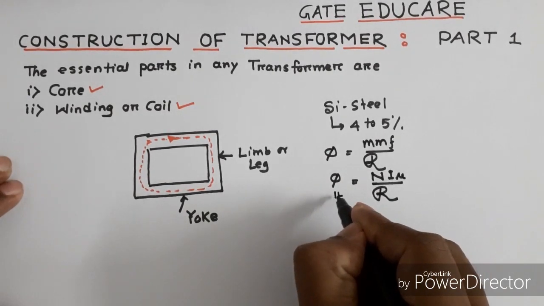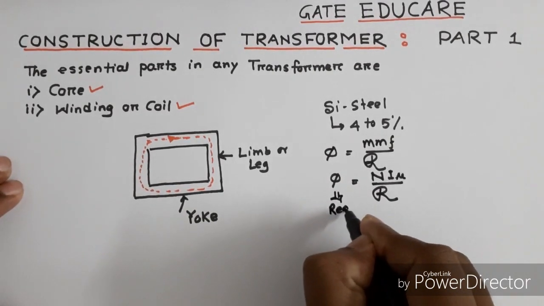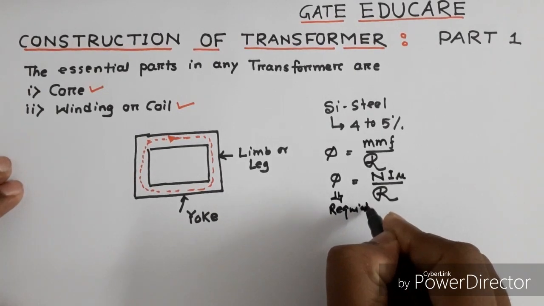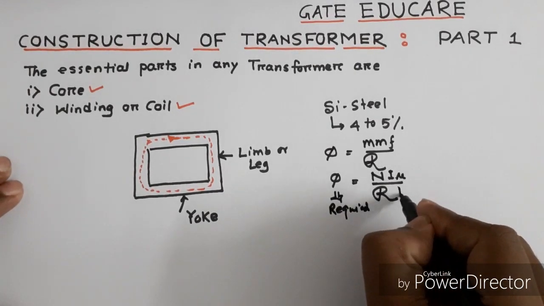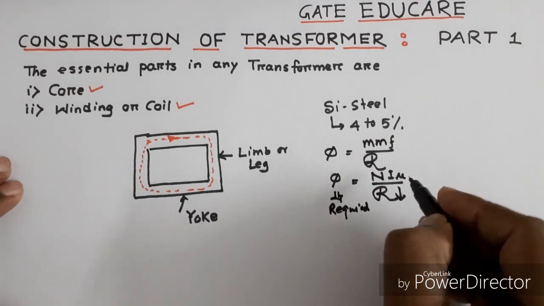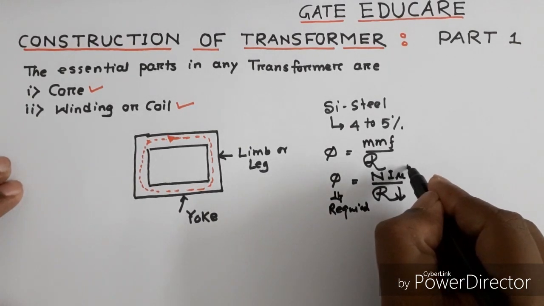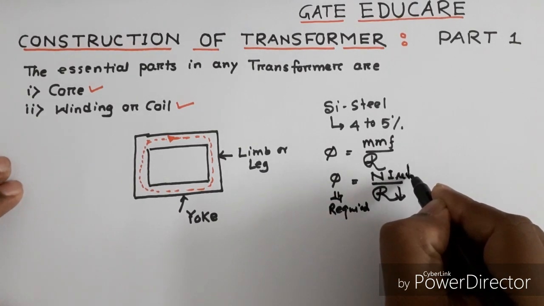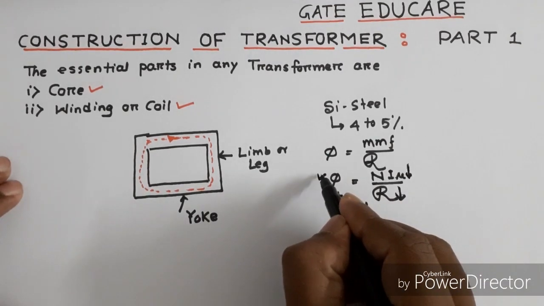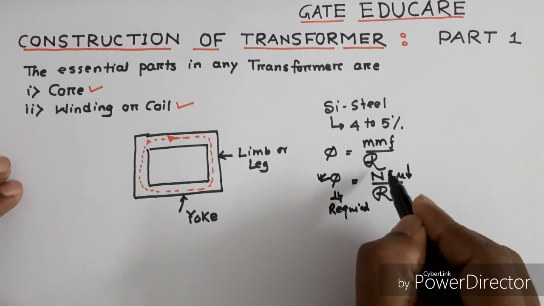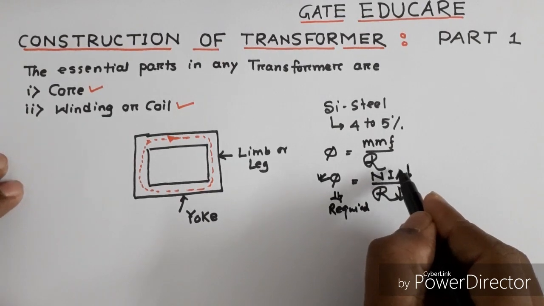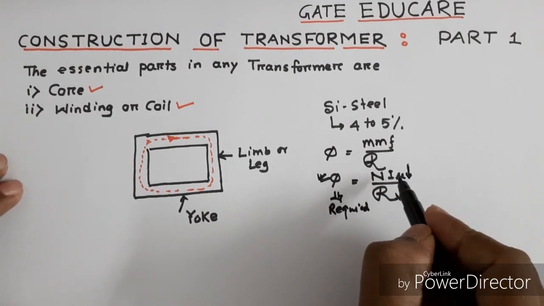For production of the required flux, if the reluctance is less, then the magnetizing current required in the transformer will also be less. As a result, the operating power factor of the transformer will be high.